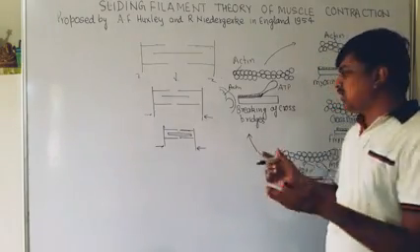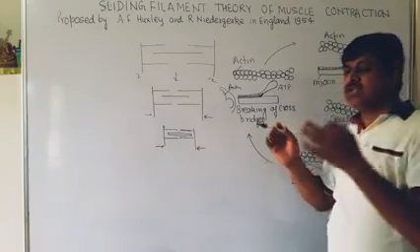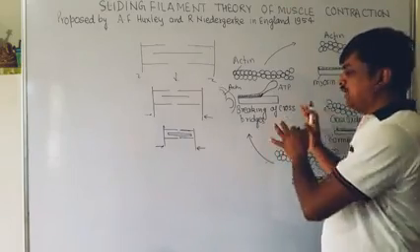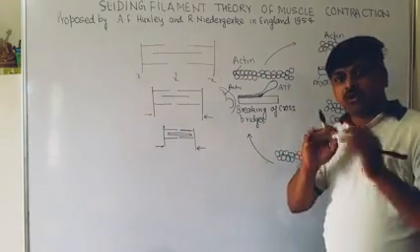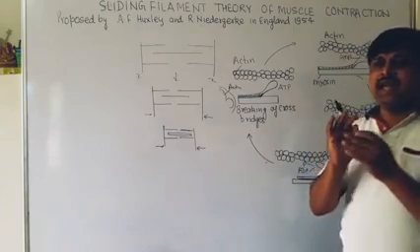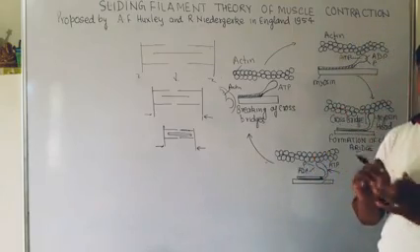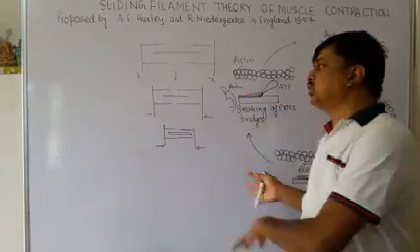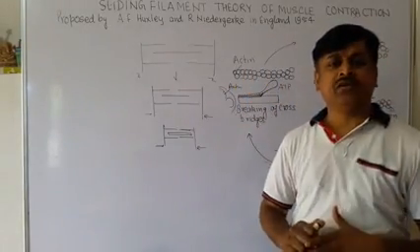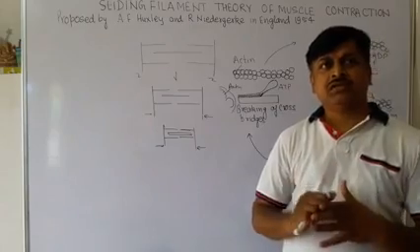The energy which is released is utilized in breaking the bridge. So this cycle of cross bridge formation and cross bridge breakdown continues till the calcium ions are pumped back to the sarcoplasmic reticulum. Clear, student?